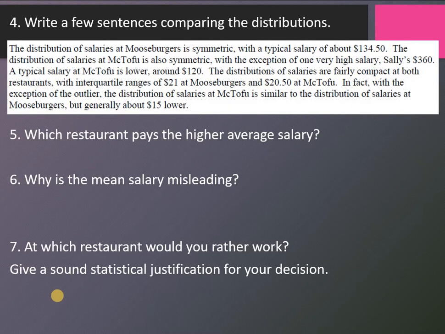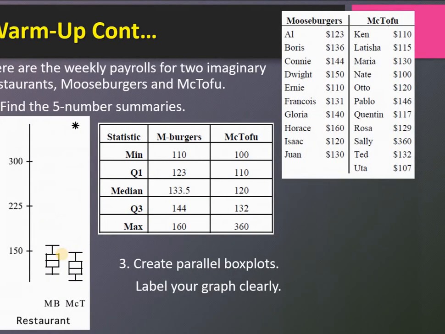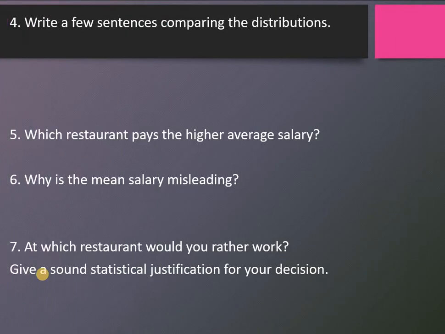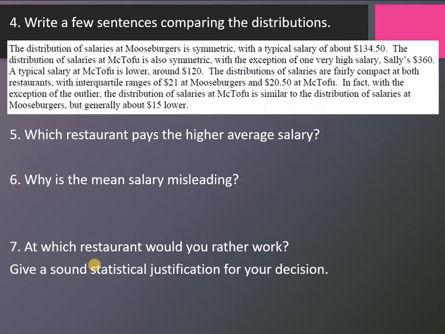We said Mooseburgers. Oh, because it said average, yeah. Mooseburgers has the higher median, but if I were to calculate higher average, who has the higher average? McTofu. Why is that misleading?